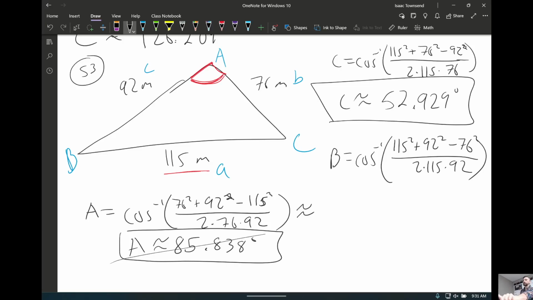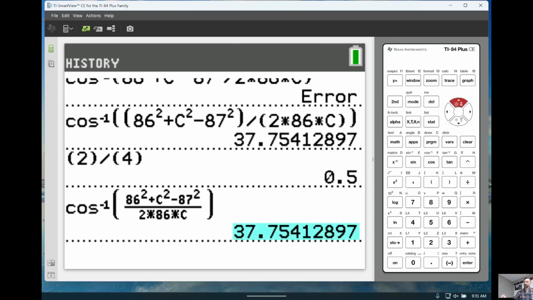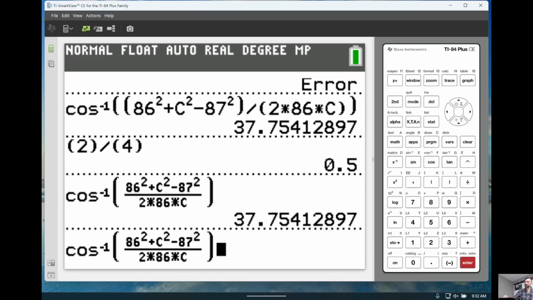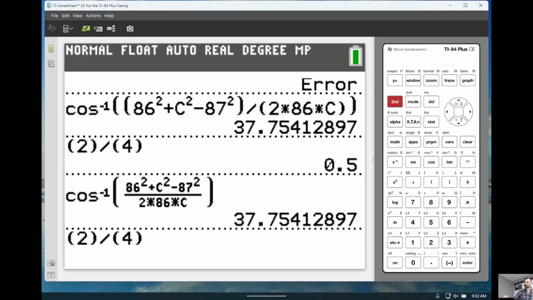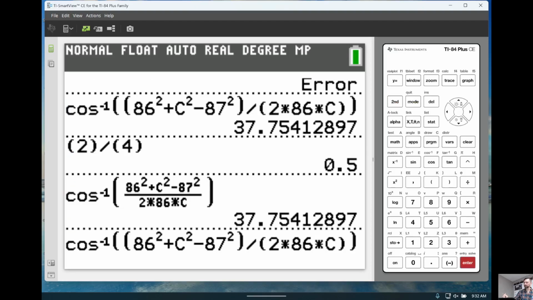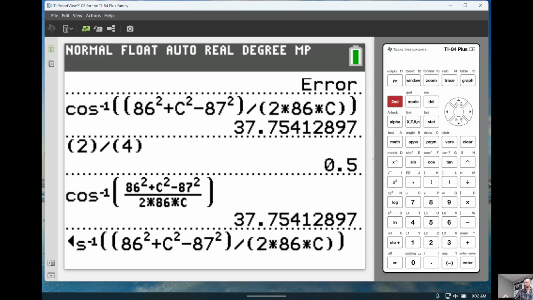Also, let me show you a quick calculator trick. Some of you know about moving your arrow up and selecting something to retype it, and that's okay. Another way is to hit second enter, which always pulls up the last thing you typed, and if you keep pressing it, it pulls up the thing before that, up to about 10 things.